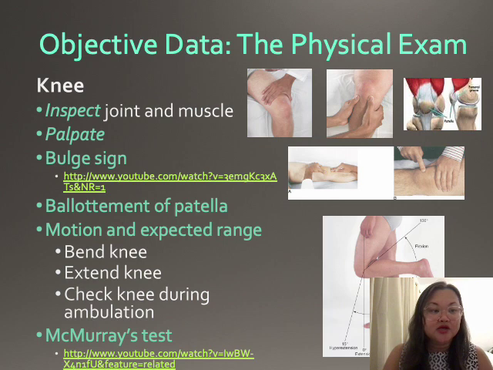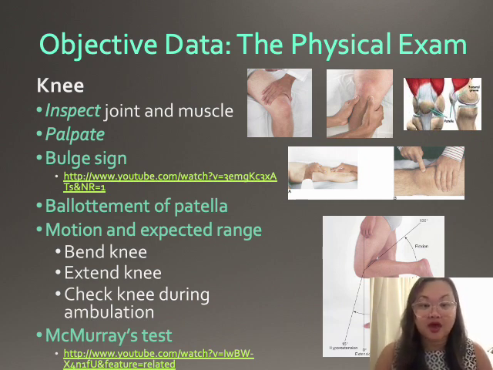Then at the knee, you're going to inspect and palpate the joints and the muscles. Typically, you would want your patient to remain supine with their legs extended, and you're looking at the lower legs for alignment, for length, and it should be able to extend in the same axis as the thigh.